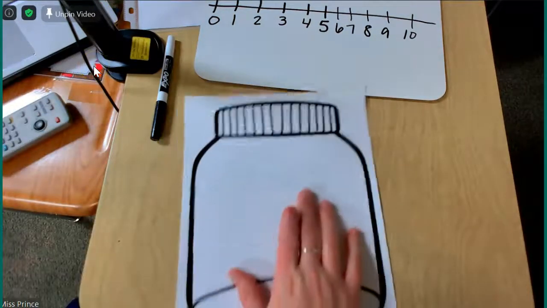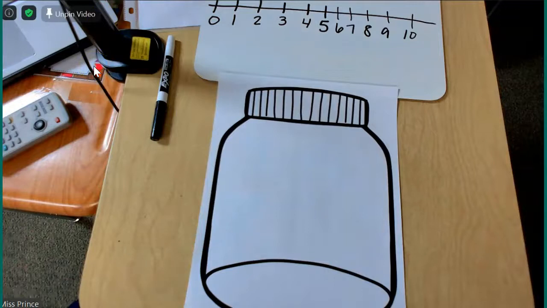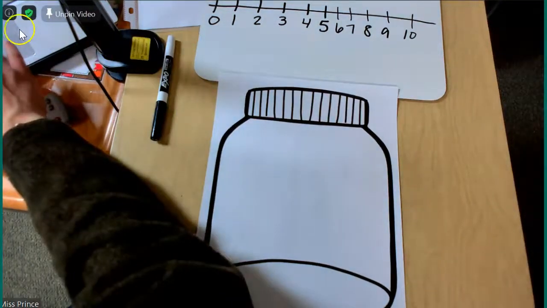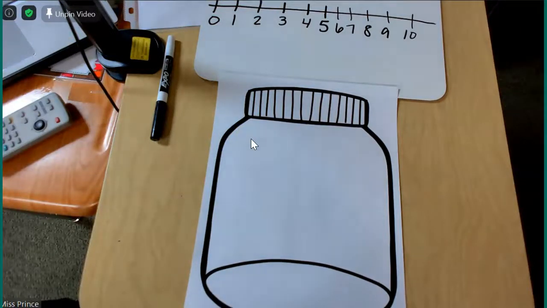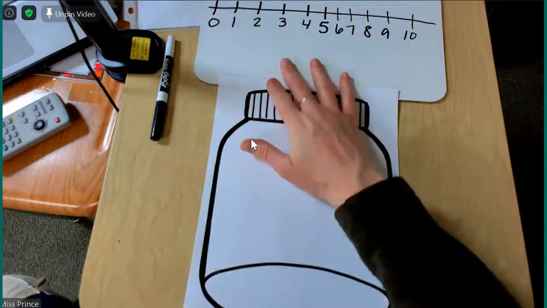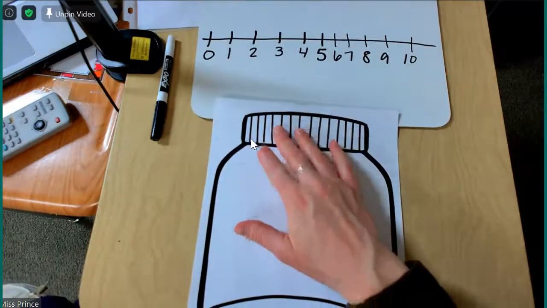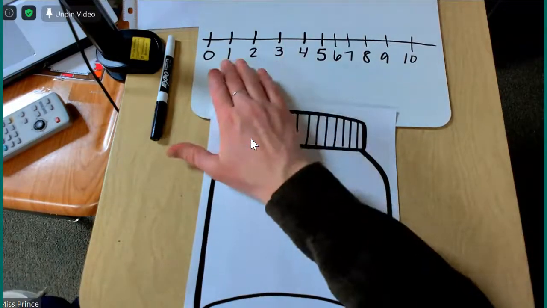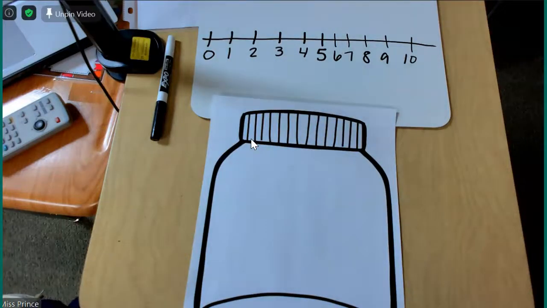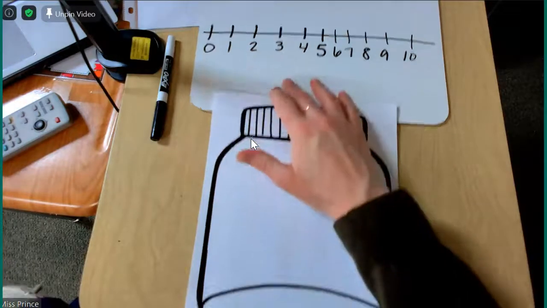Landon. Fewer. What does fewer mean? Tiny. So it's the smaller number, right? Yes. So Landon, which is fewer, 4 or 1? 1. 1 is smaller. All right.